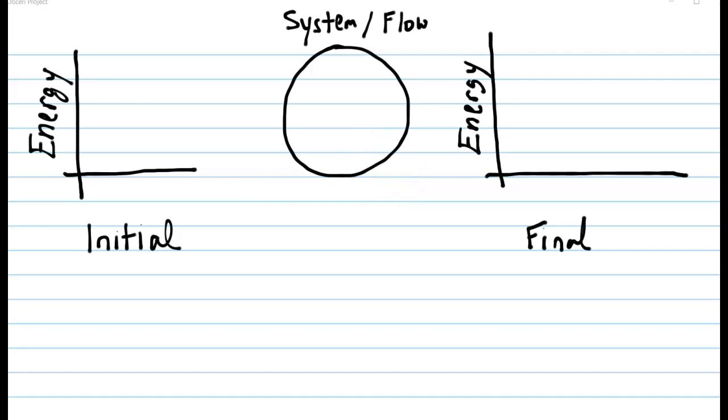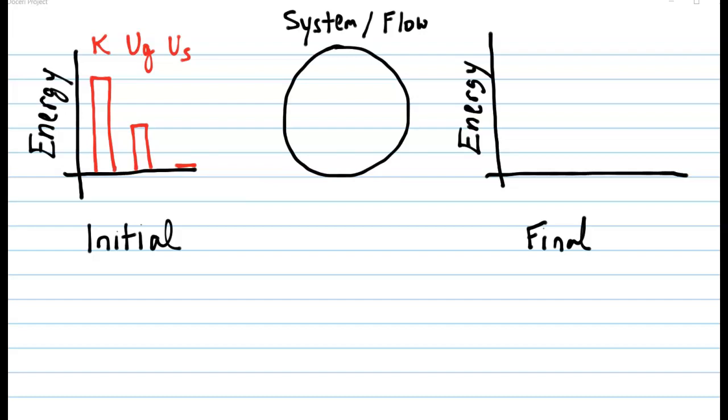Also, on these graphs, you're going to keep up with the different energy storage forms of kinetic, gravitational potential, and elastic potential energy as K, UG, and US. So if under the initial settings you have maybe 4 joules of kinetic energy and 2 joules of gravitational potential energy and maybe 0 joules of elastic potential energy, you can represent it as bars that way.